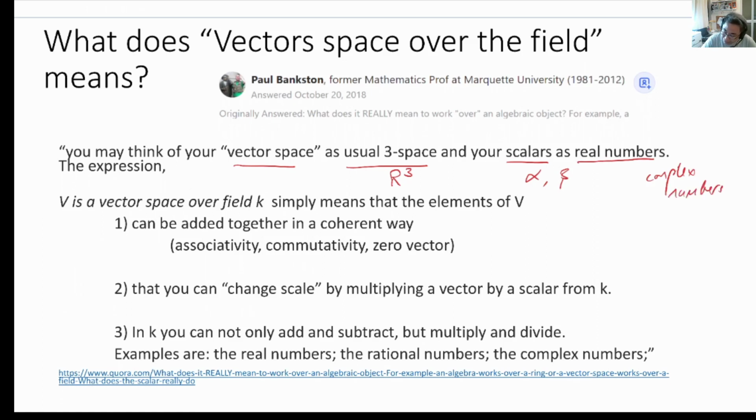In R3, the alpha and beta are real numbers. Briefly, a vector space over the field K, where K is the real or complex numbers, means that the elements of the vector space can be added together in a cohesive way. So we are talking about the vector space V here, but in addition, the vector can be multiplied by the scalar K.